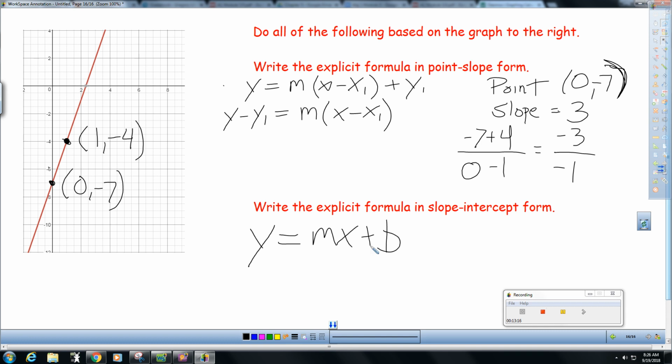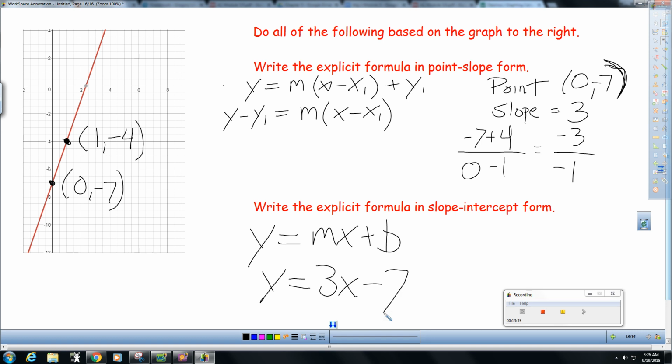What's our slope? It's written over there. That's okay, the board's small. The slope is 3. And the y-intercept, where does it hit the y-axis? There you go. Okay? So far, this looks like this is one of the harder questions.